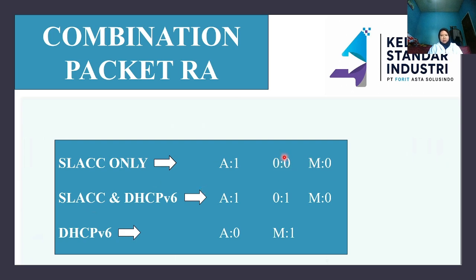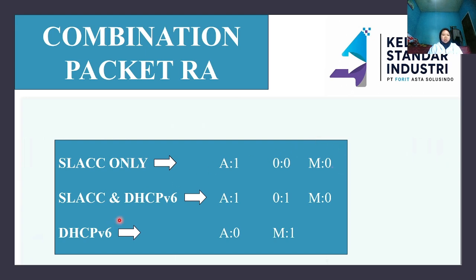Next, O0, since SLAAC only does not use a combination with a DHCP version 6 server or request additional information from it. The value of O is 0. Finally, M0. Why is it 0? Because the managed address configuration function belongs to the DHCP version 6 server. Therefore, the flag combination for SLAAC only is A1, O0, and M0.